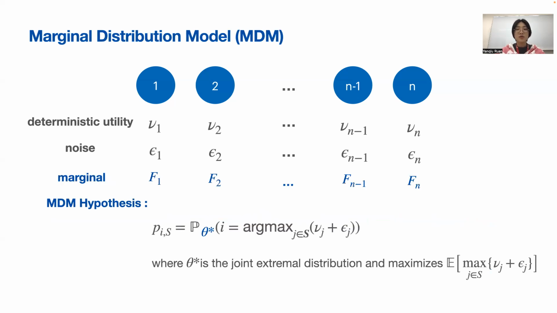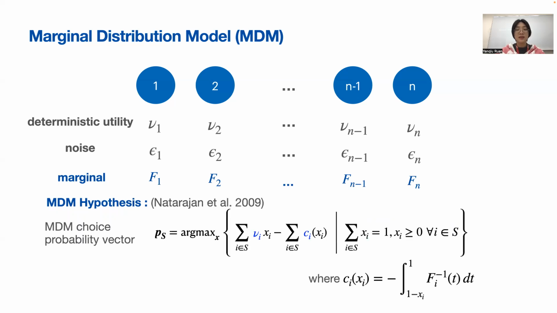The marginal distribution model can be viewed as a variant of the RUM. Given the deterministic utilities u and the marginals of epsilons, MDM maximizes the expected utility by finding the joint distribution that is consistent with the given marginals. Then the choice probabilities are evaluated under the extremal distribution.